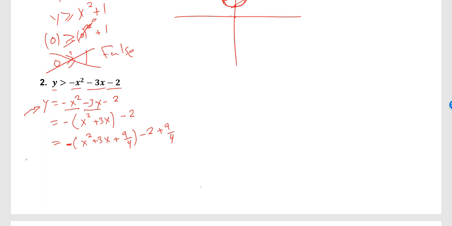So this is essentially minus 9/4 when I take this out of the parentheses. So to balance the actual equation, I need to add 9/4, right? So now I've subtracted 9/4 inside these parentheses, and then I added the 9/4 out here to balance the equation. Okay?